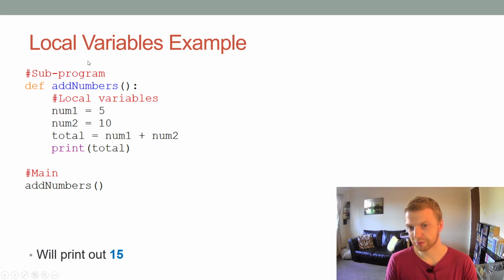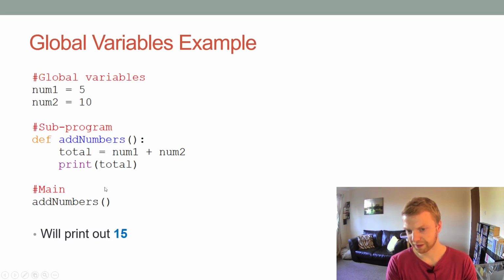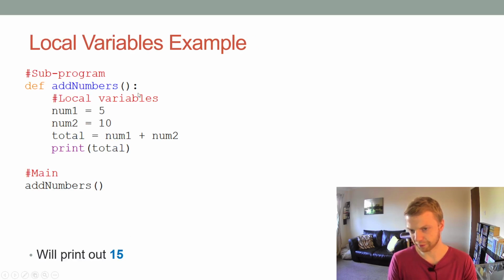And it's more modular because everything is in a subprogram. Number 1 and number 2 can only be accessed within this little subprogram. There's no room for mistakes to be made. Both of these programs will print out the number 15. To be honest, this program is so small, there's not really an issue. This just helps avoid issues later on.